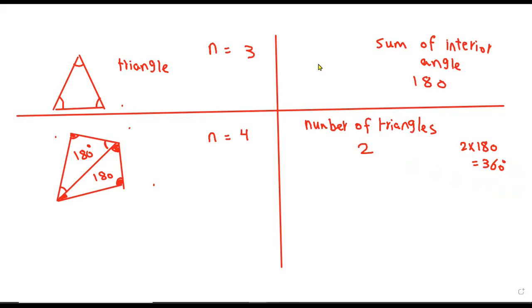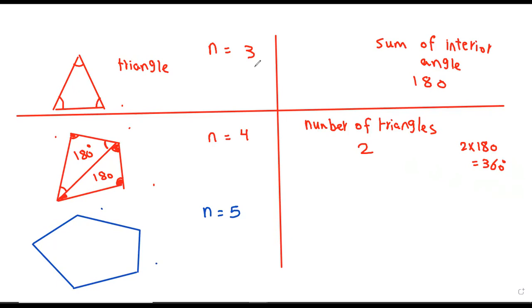What about the pentagon? So let's draw a pentagon. The pentagon is the polygon with 5 sides: 1, 2, 3, 4, 5 sides. So n equals 5. The number of sides is 5. And the number of triangles?